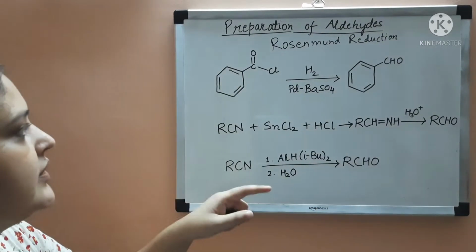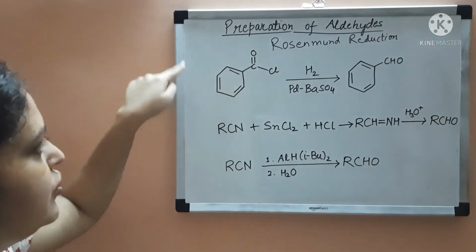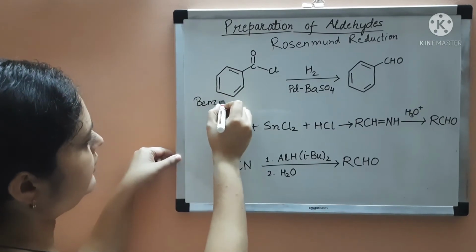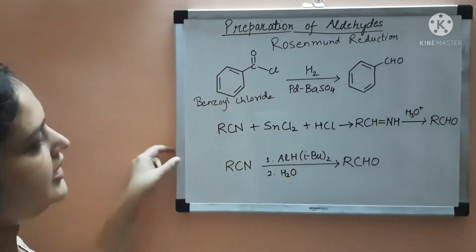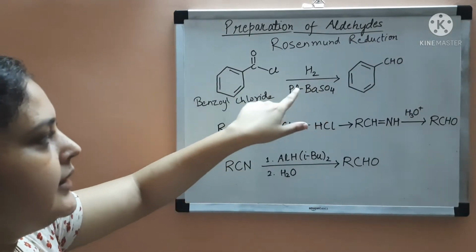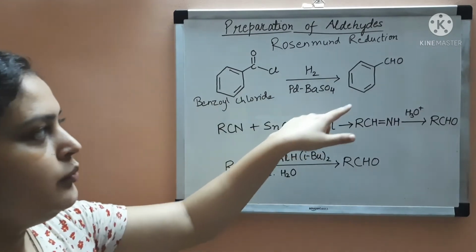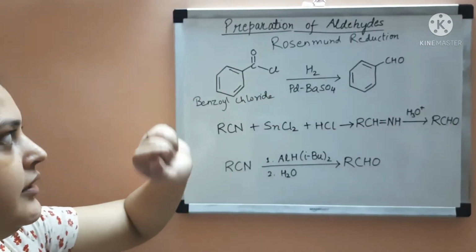Here we take an acid chloride, like here it is benzoyl chloride. We add hydrogen and the catalyst palladium and barium sulfate. Then we produce the corresponding aldehyde by reduction.